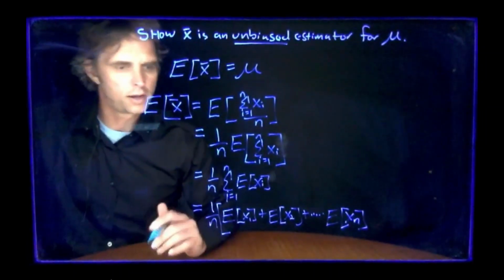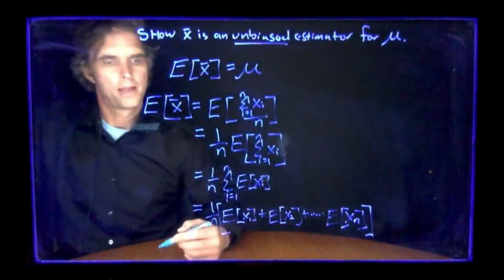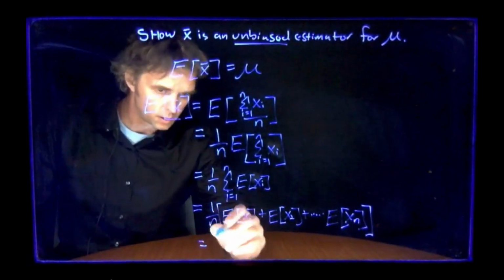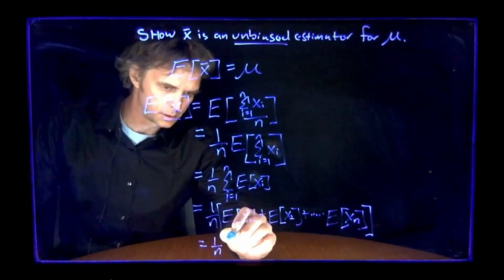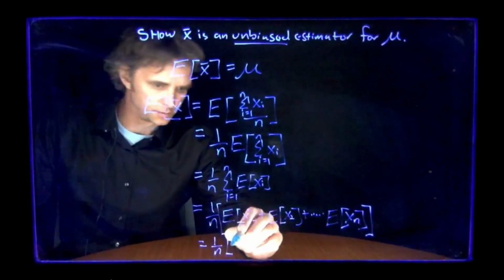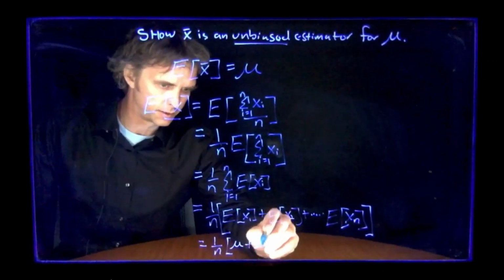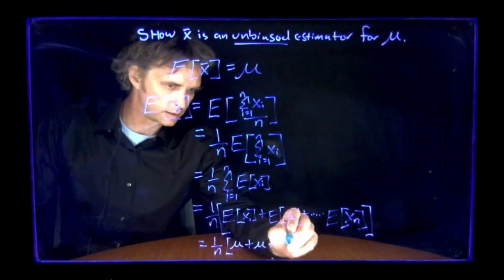Great. Okay, so we'll close that off. And now we'll note that this is equal to 1 over n times, well, what's the expected value of x1? It's just mu, plus the expected value of x2, that's mu, plus dot dot dot.